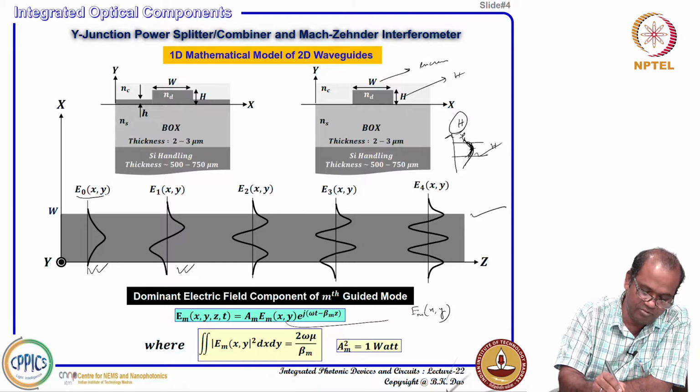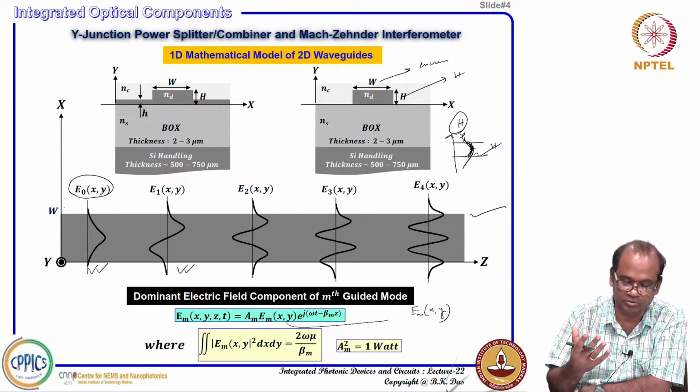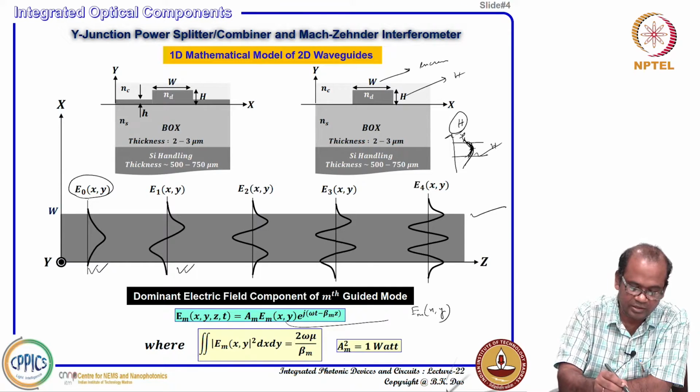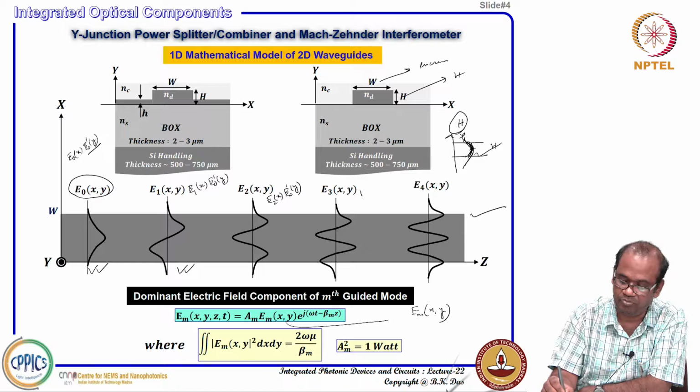So, schematically, though mathematically we will be writing E naught x y, that means it has x y distributions. It can simply be written as E naught x and E naught prime y, the y direction here. Here I can also write E 1 x and then E naught prime y. Here I will say E 2 x and E naught prime y, that means the y direction field profile is the same everywhere.